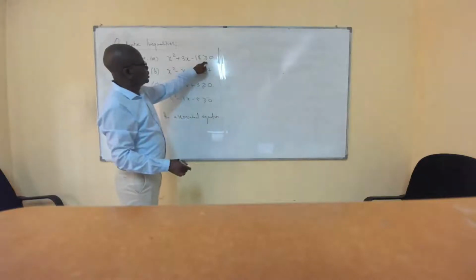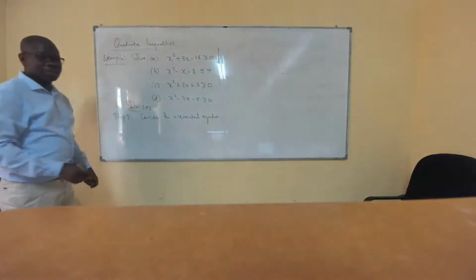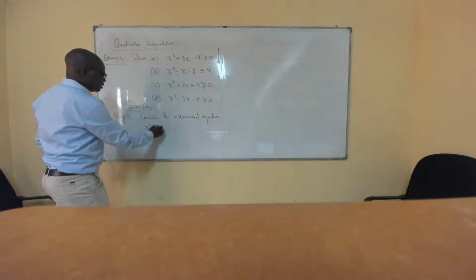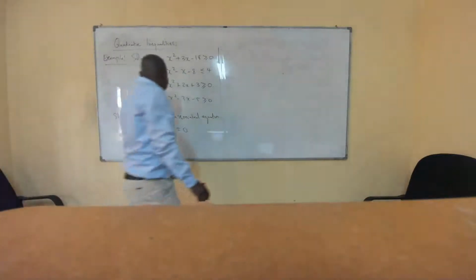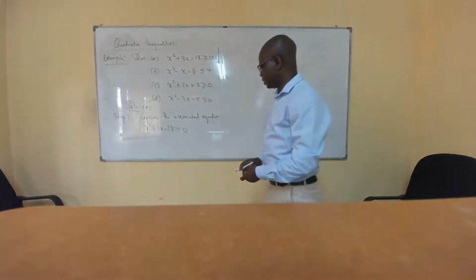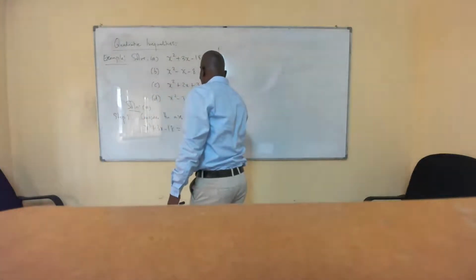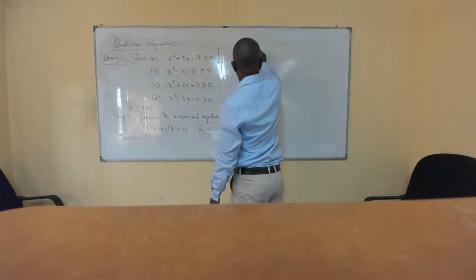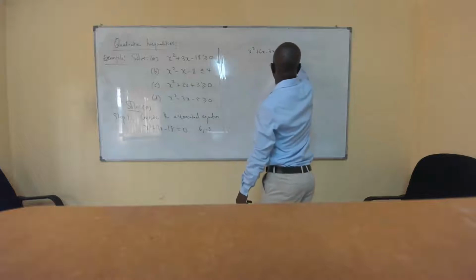Whether it was strictly greater than or strictly less than, we have to consider an associated equation. So the associated equation is x squared plus 3x minus 18 is equal to 0. We try to solve this. We look at factors of minus 18 which give us the sum 3, so it is 6 and minus 3. So I have x squared plus 6x minus 3x minus 18 equals 0.